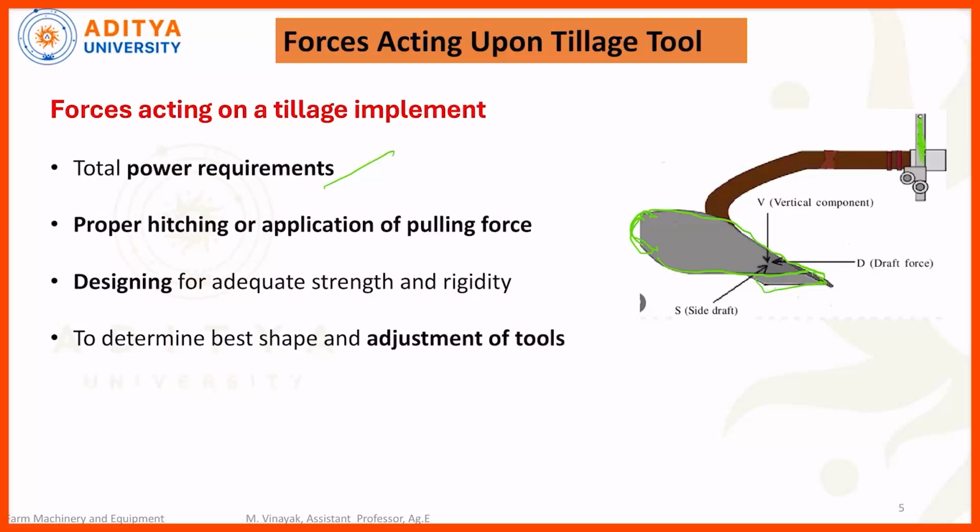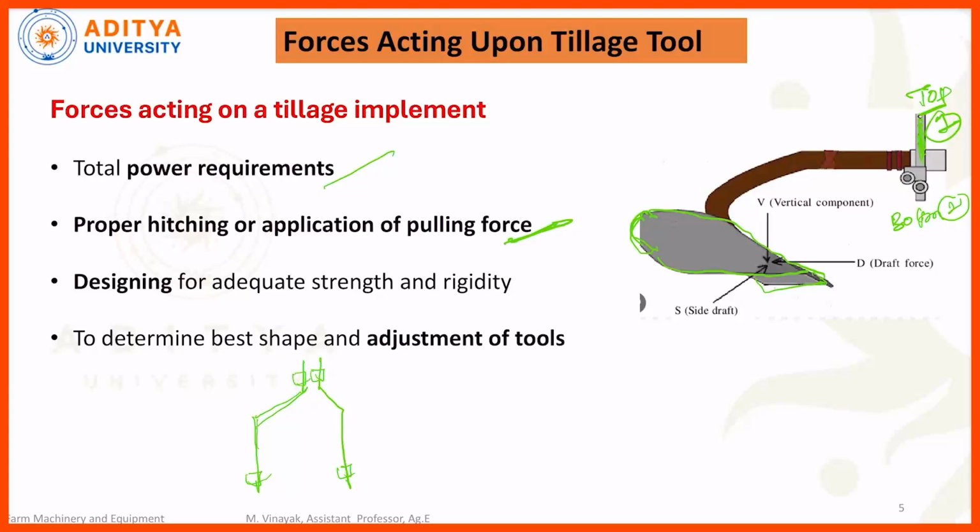Next is proper hitching and application of pulling force. Generally we have a 3-point linkage system, with one link on top and two links at the bottom. I will draw a line diagram: here the top section, here the bottom section.